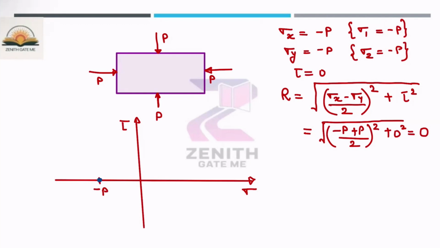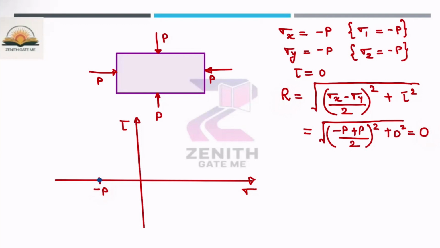Sigma 1 and sigma 2 are both equal, which is minus P, and you know that the radius of the Mohr circle is 0. That means the Mohr circle is reduced to a point. And this is a very important concept.